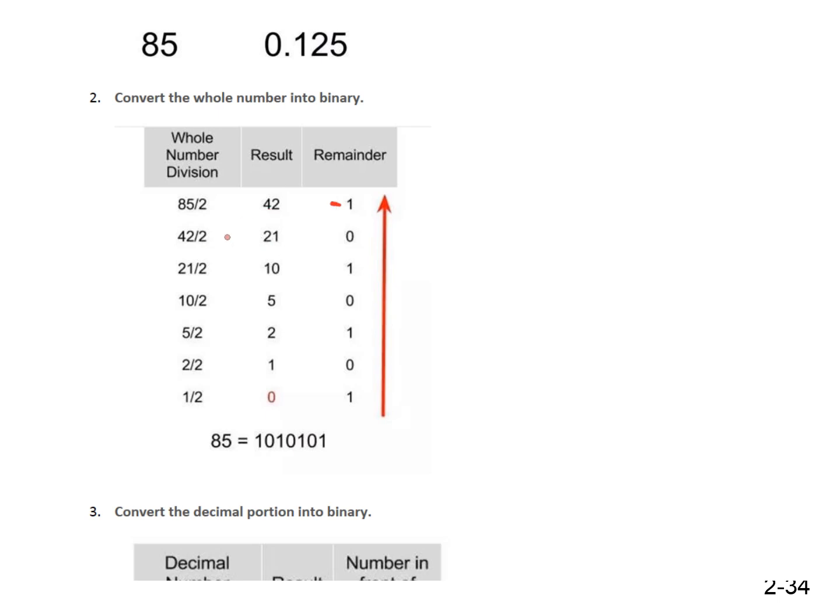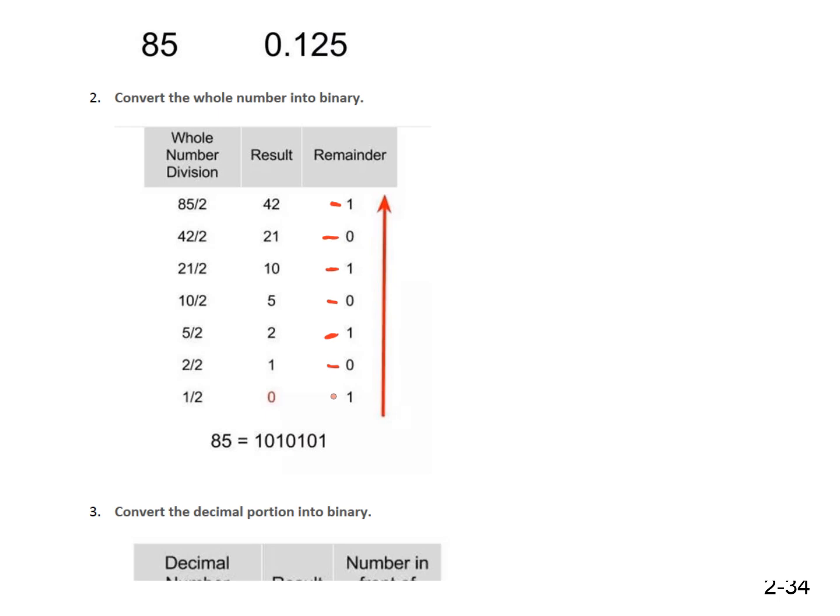Then 42 divided by 2, 21, remainder 0. 21 divided by 2, 10, remainder 1. 10 divided by 2, 5, remainder 0. You can probably see where this is going. 5 divided by 2, 2, remainder 1. 2 divided by 2, 1, remainder 0.